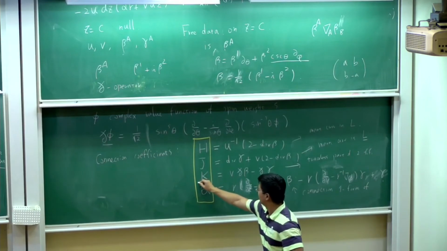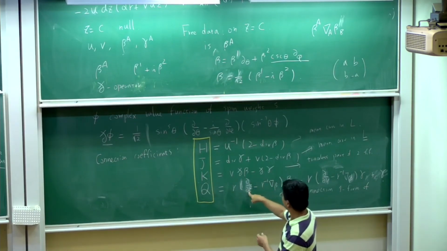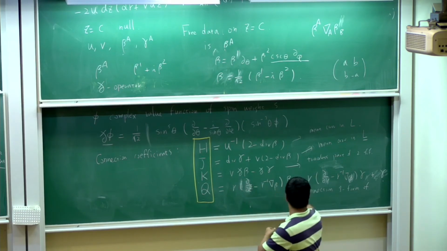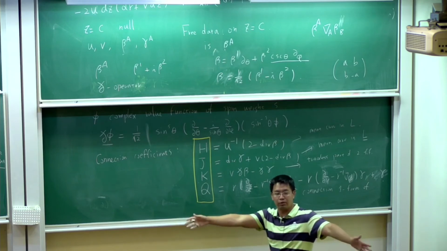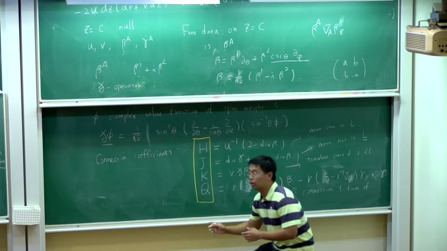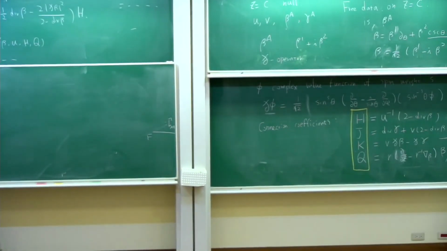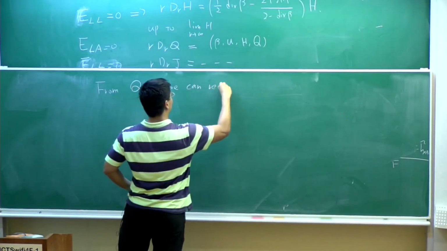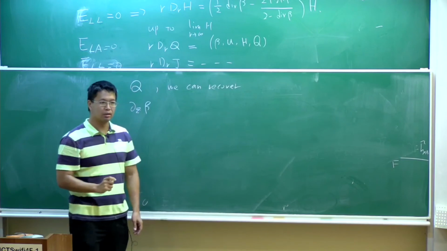If you look at this last equation for Q, there is indeed a dz of beta, and then the rest are derivative terms which are determined tangential to the cone. So in fact, from the definition of Q, if everything is known there, then we can recover dz of beta.